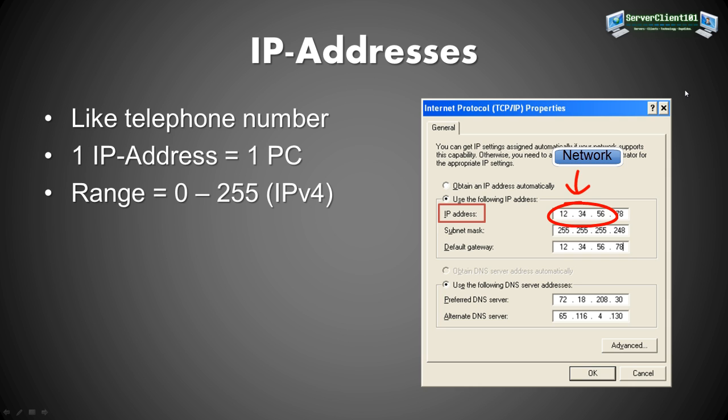So the first three groups of numbers are the network which you're in, and the last group is for the PC in the network.